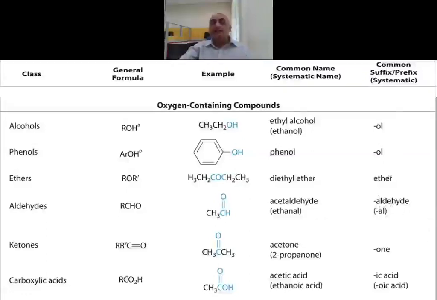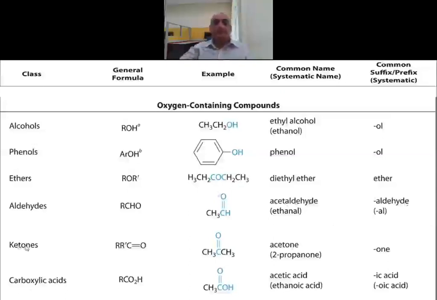The name of the compound is ethanal. So from ethane, if we replace E with Al, the name of the compound is ethanal. This is the IUPAC name, but in organic chemistry, we also have common names. So you can say the common name of this compound is acetaldehyde.